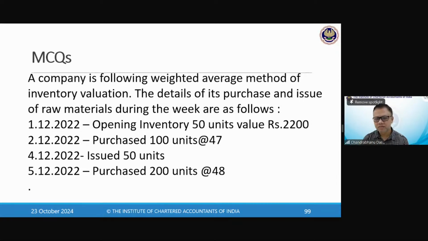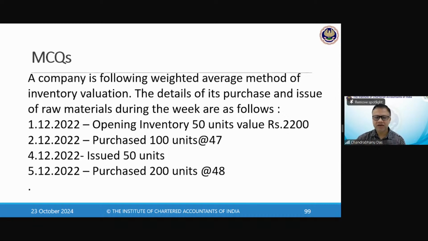We have an opening inventory of 50 units at the rate of 44, valuing rupees 2200. Then we have issued these 50 units at 4 December, I think. Why did we issue these 50 units from this opening inventory?